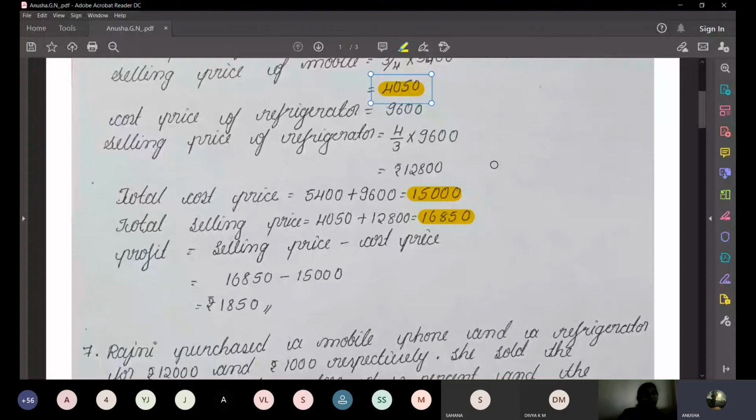Selling price minus the original cost of both the products we have to consider. Here 16,850 is the selling cost of the mobile phone plus refrigerator, minus the original buying cost of the mobile and the refrigerator. So the total is a profit, it is not a loss. So 1,850 rupees, no? Yes, ma'am.